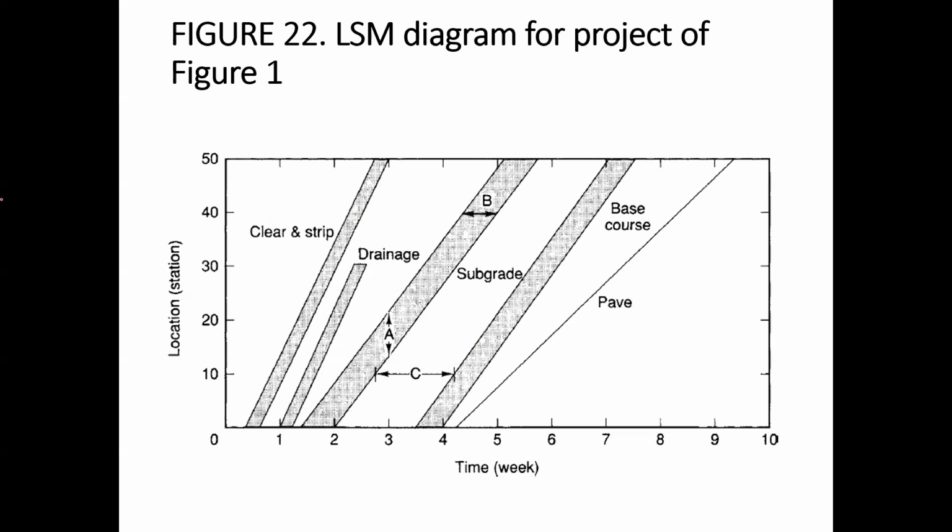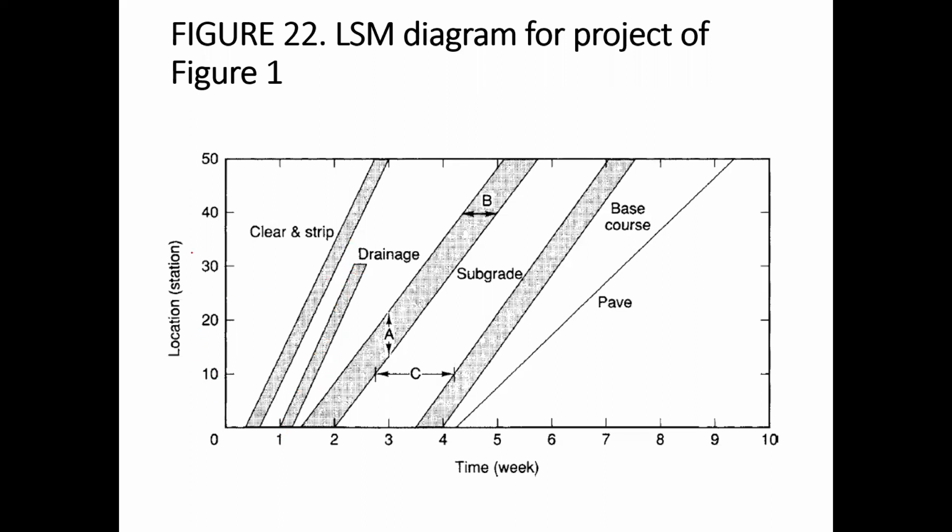As this diagram shows, the clear and strip activity starts at week 0 and finishes by the end of about week 2, and then the drainage activity takes place from week 1 to somewhere around week 2.